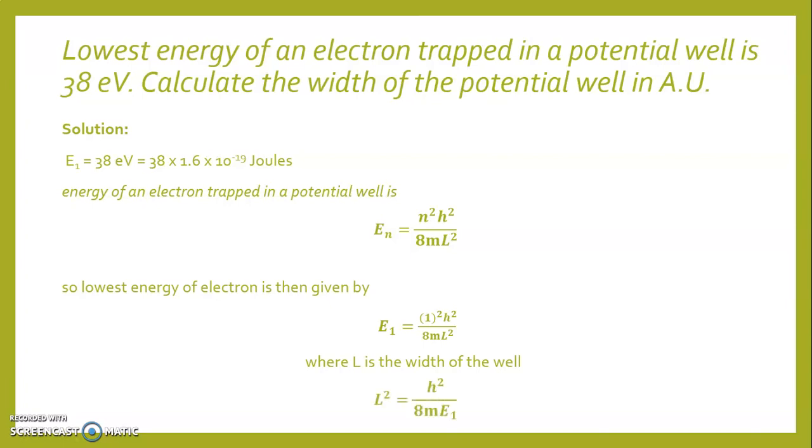When you have to find the value of the width of the well, convert this equation in terms of L square first. So L square is h square upon 8 m E1. We take E1 to this side and L square to the other side.